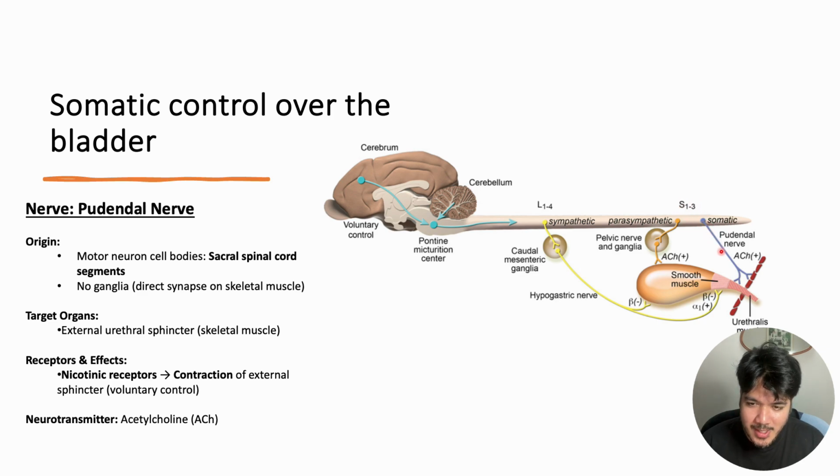The pudendal nerve is a single nerve fiber that synapses on the urethralis muscle that controls what we call the external sphincter. The neurotransmitter in this case is acetylcholine, and the receptor is a nicotinic receptor. If you remember, nicotinic receptors are a form of cholinergic receptors. They function to give contraction of the external sphincter, and that's voluntary because it's under somatic control.